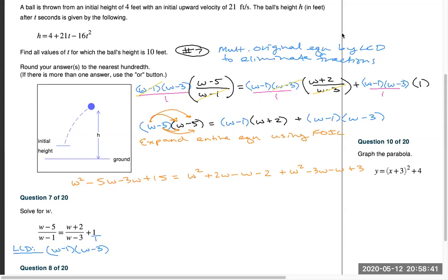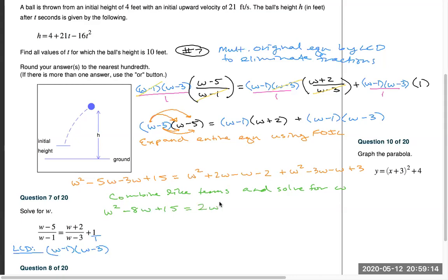So now we need to combine like terms and solve for W. Okay, so combining our like terms, on the left side, we have W squared minus 8W plus 15 equals, over here, W squared and W squared are like terms.